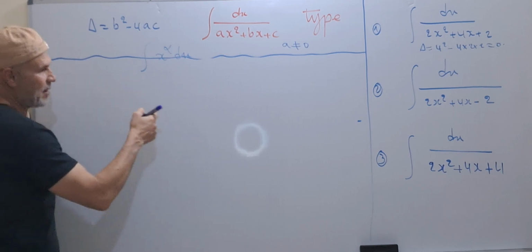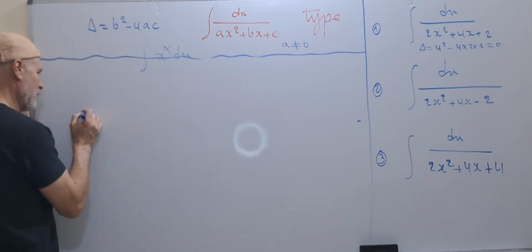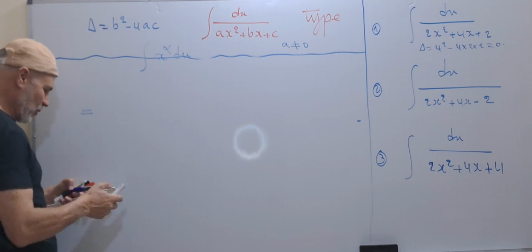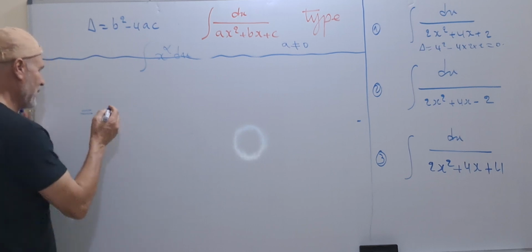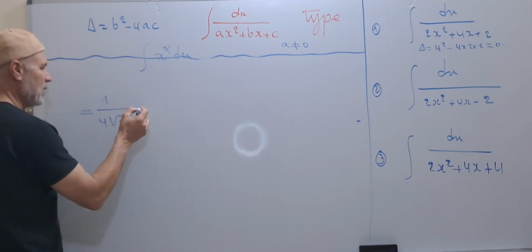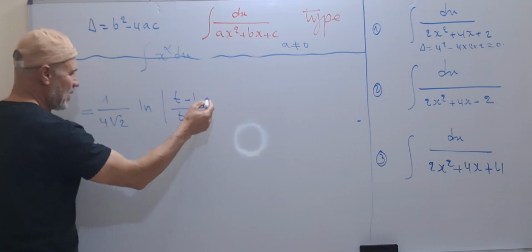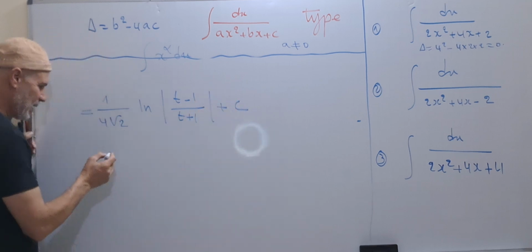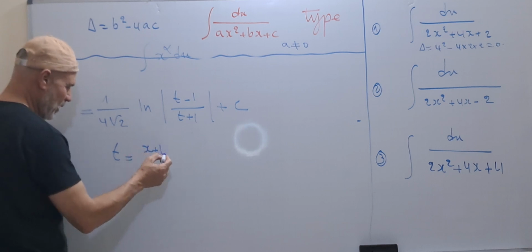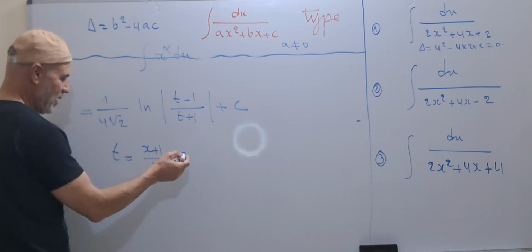In the second case, in this case, I find 1 over, I think 4 the square root of 2, if I remember, ln t minus 1 over t plus 1 plus constant, but t was x plus 1 over the square root of 2, so we have to replace here this to get what?